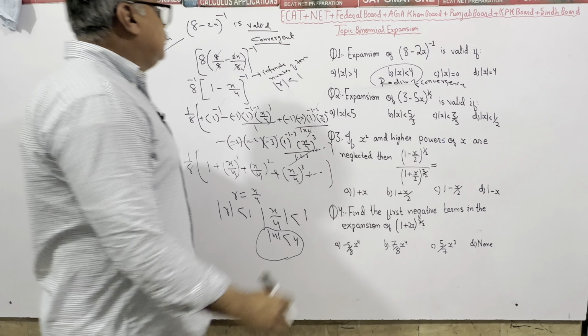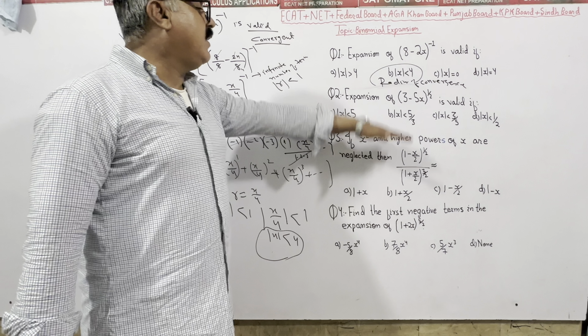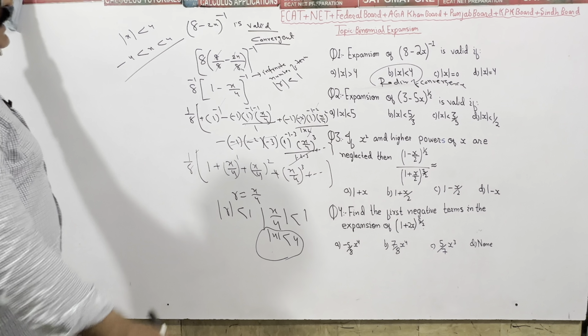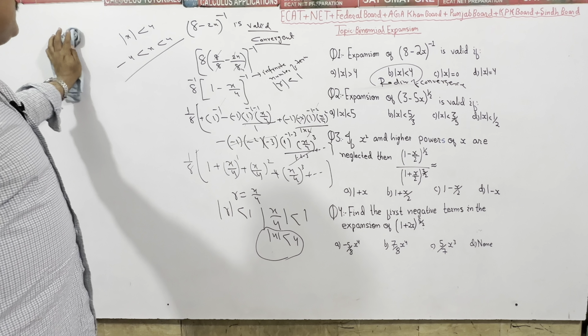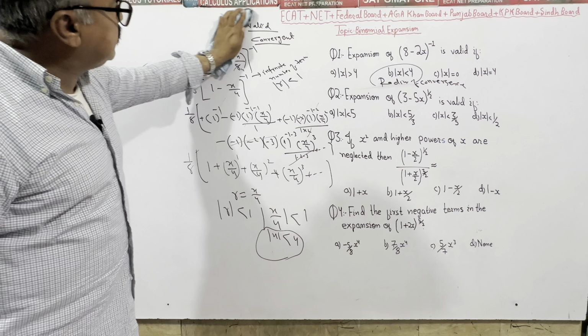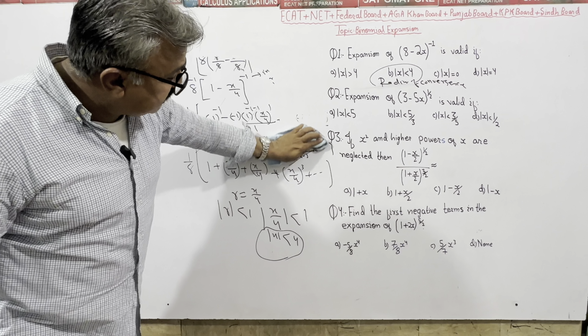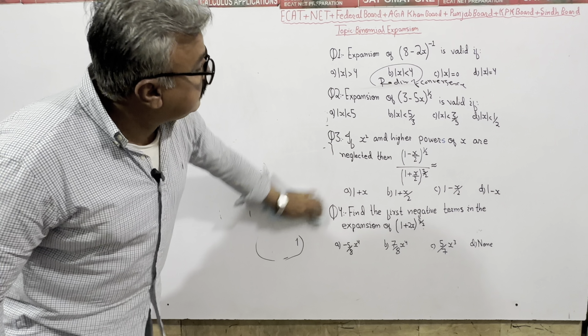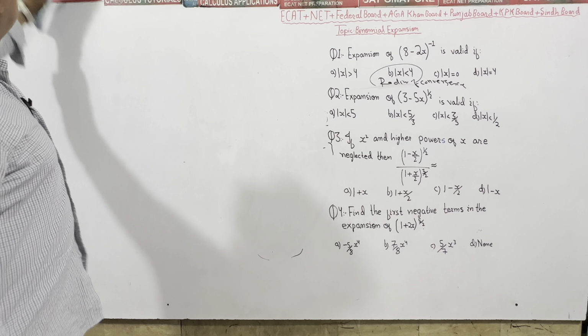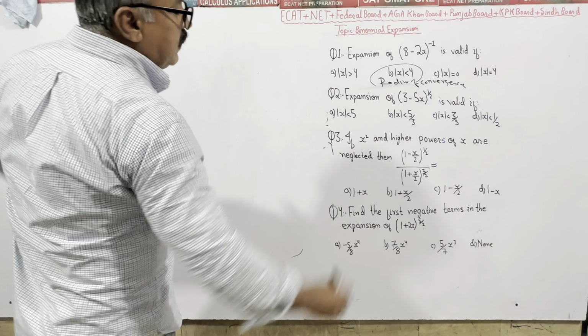Another question of the same type, in order to give you a good overview as well. First we selected a negative power, now a fraction. When the power is negative or a fraction, it has infinite terms. Moving to question number 2: (3 minus 5x) raised to 1 over 2 is valid for what value of x?